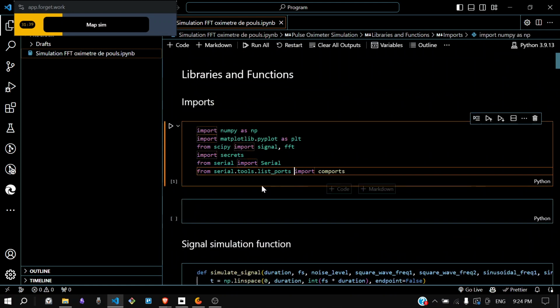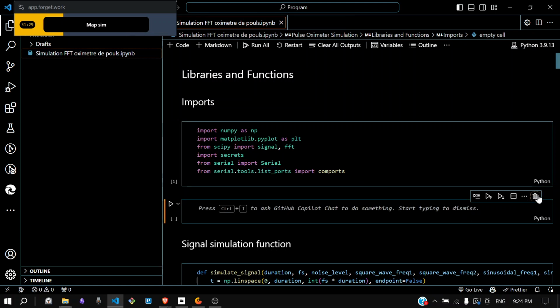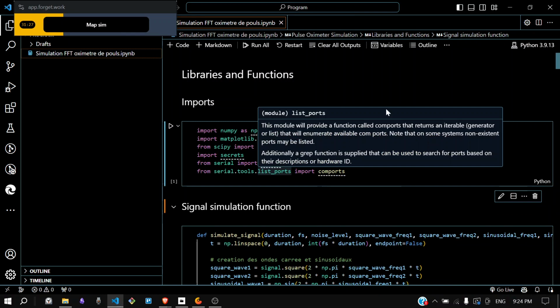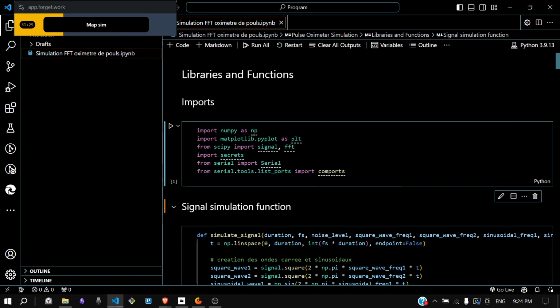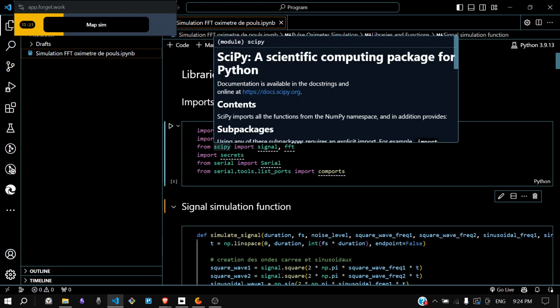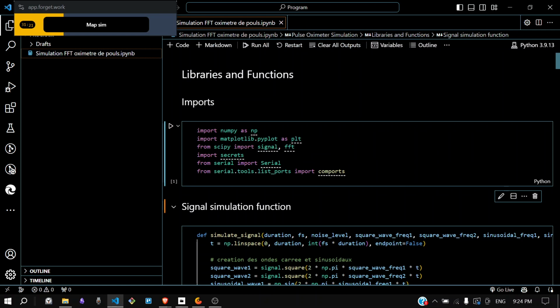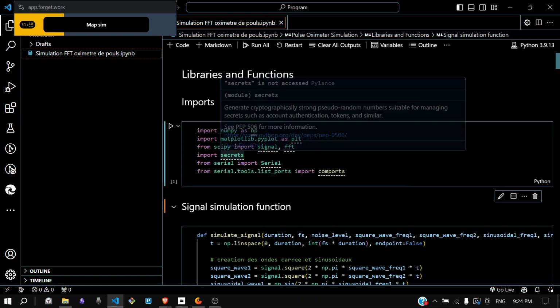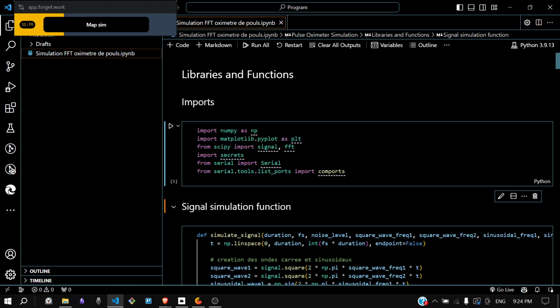Within the imports, we have NumPy, Matplotlib. We use especially pyplot, nothing else. We have SciPy. We use especially signal and FFT.